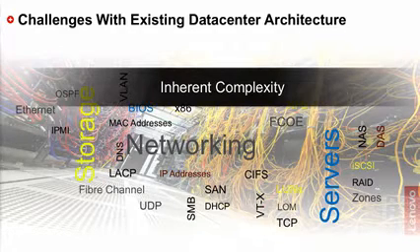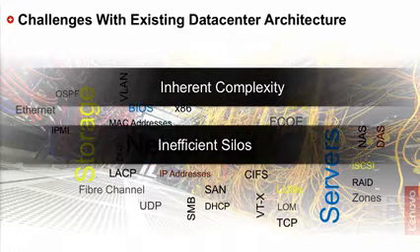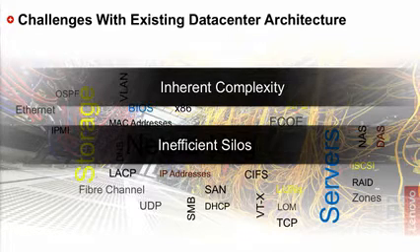If it's not broken, don't fix it. Leave it to run, because you don't want to be the guy responsible for pulling out that plug and putting a new system in. So you can see how this is affecting our environments today: inefficient silos, where we just have masses of compute, storage, and networking.